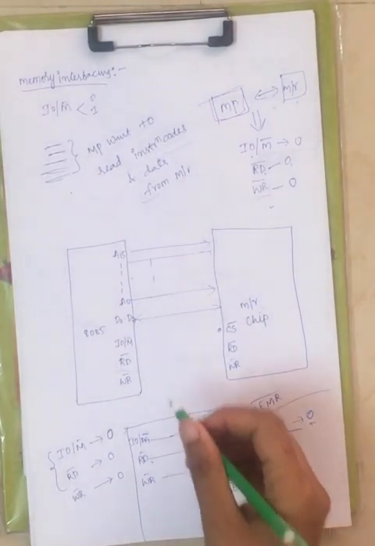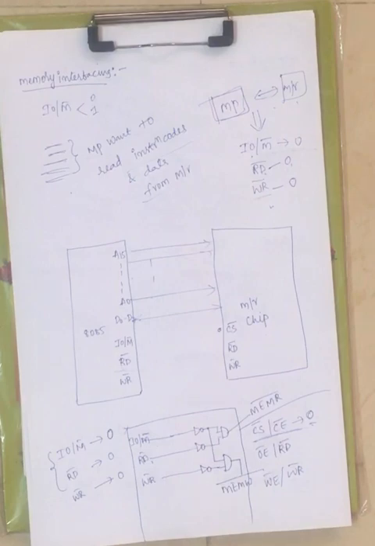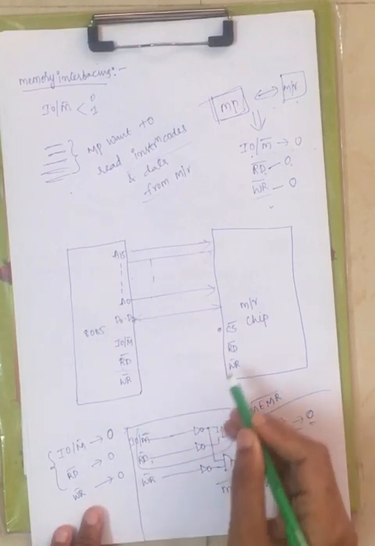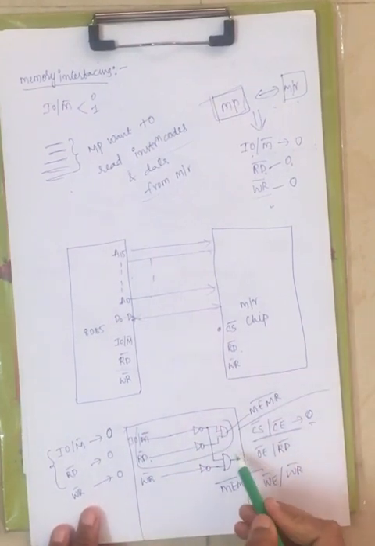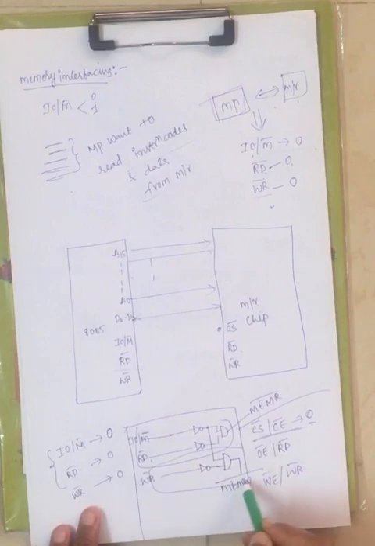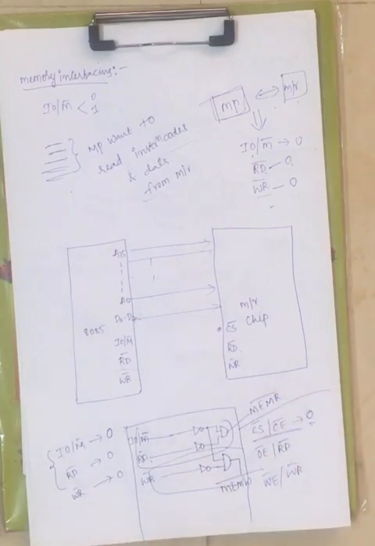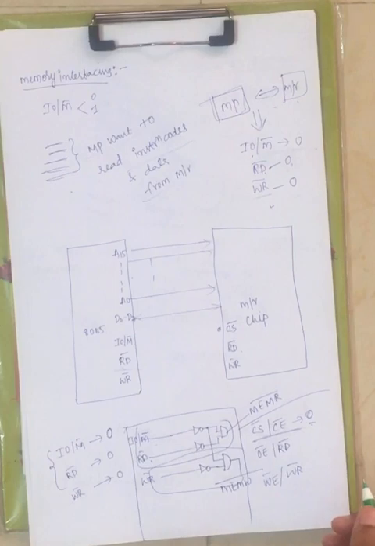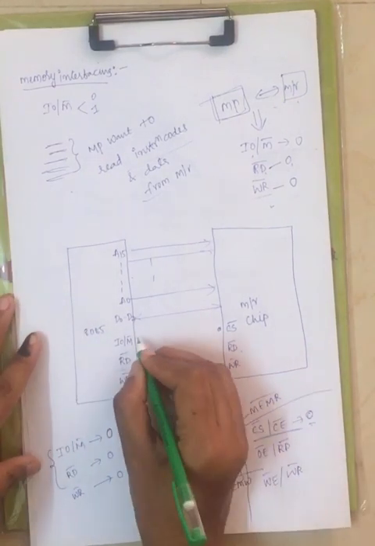Now this circuit has to be connected over here. For the read operation, you connect this circuit to the read signal. For the write operation, you connect this circuit to the write signal. Only one circuit is possible at a time; both are not possible. Now I want memory read.